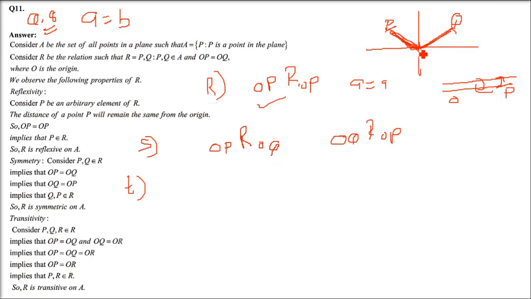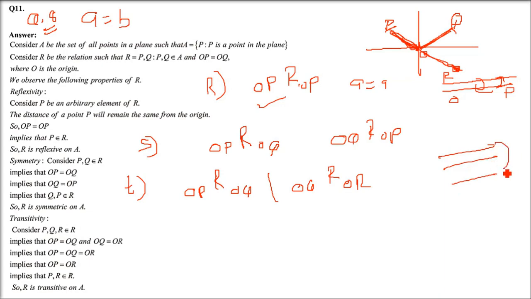OP, OQ. Now we have to have one more. OP, OQ, let us have one more point which is OR. Let me point it here in some other quadrant. So OP is related to OQ, that is OP is equal to OQ, and OQ is related to OR, so OQ and OR are related.